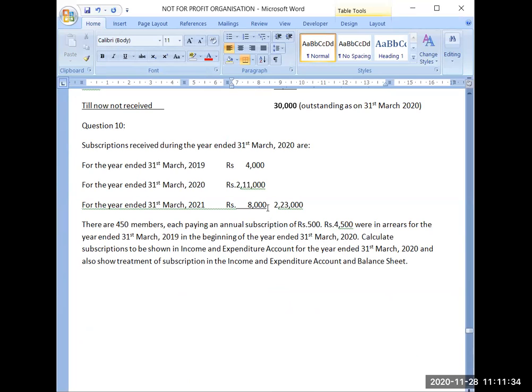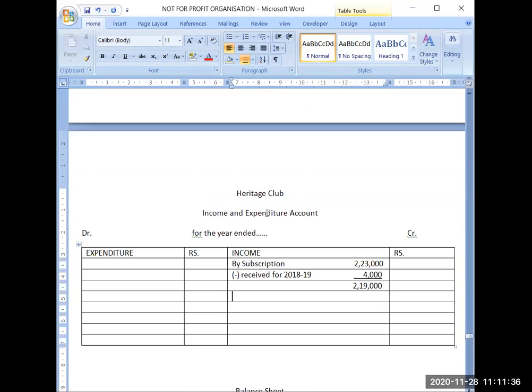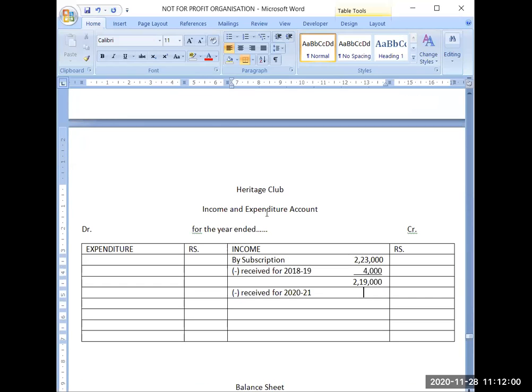For the next year, we have received rupees 8,000 in advance. That will also be subtracted here. Received for 2020-21, we have received rupees 8,000 for the next year.